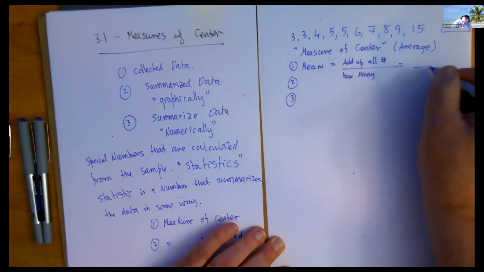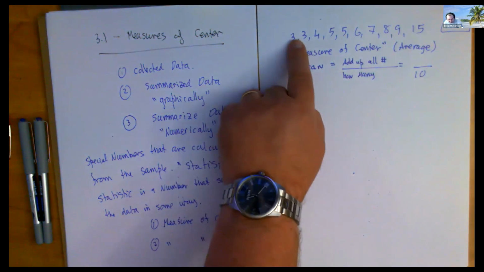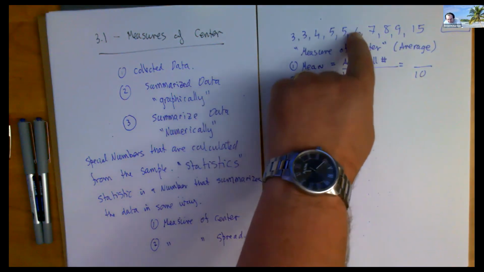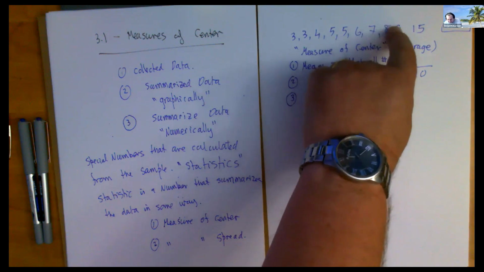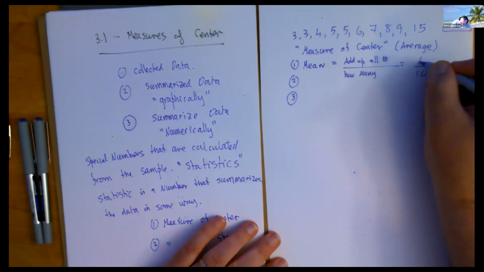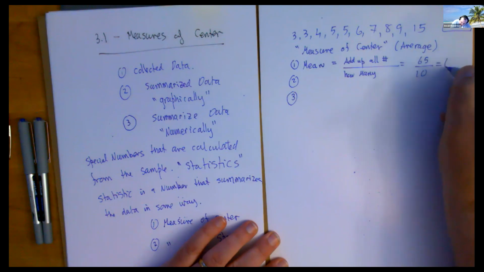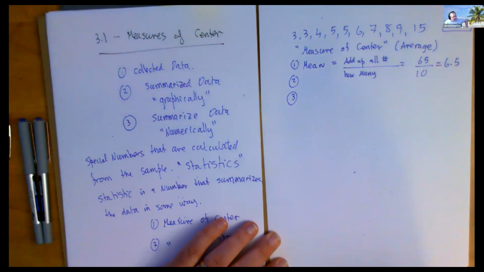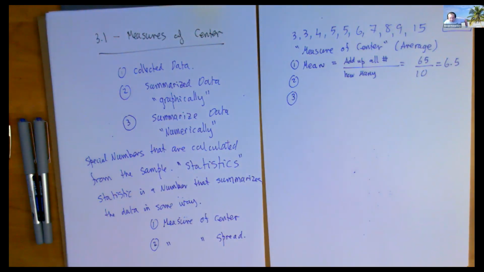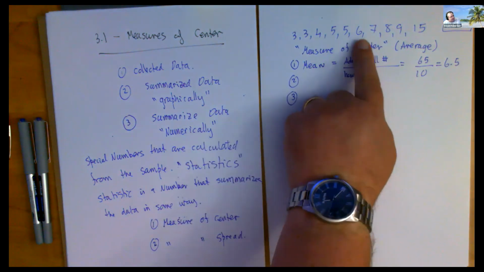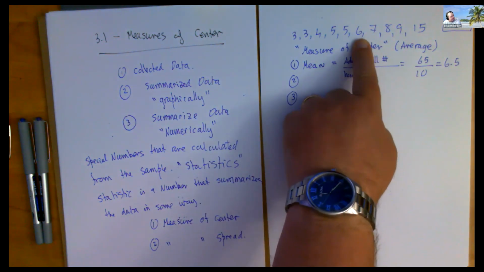There's 10 numbers here, so bear with me. The sum is 55, and in this case the mean would be 5.5. Looking at the data, would you agree it's roughly in the middle?